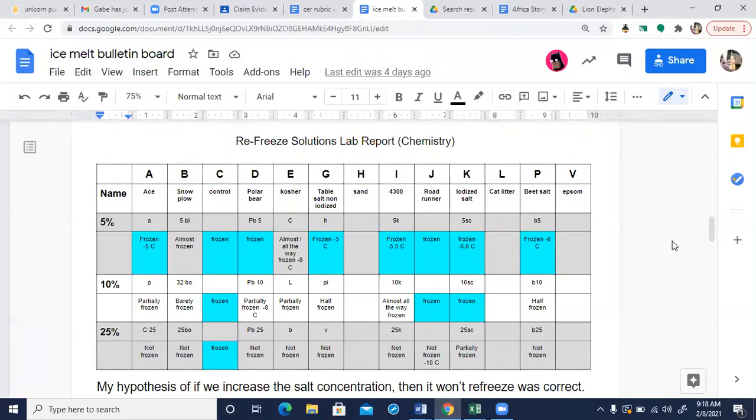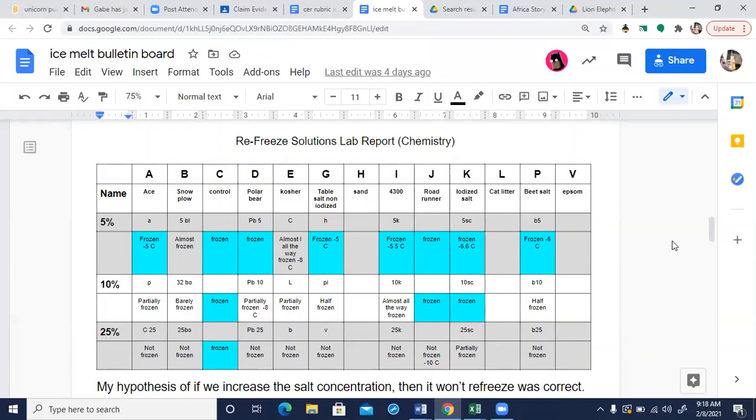We want the ones that did not freeze. Okay. So it looks like control did not freeze. Now that froze. Am I reading this wrong? Yeah, if it says frozen, it froze.